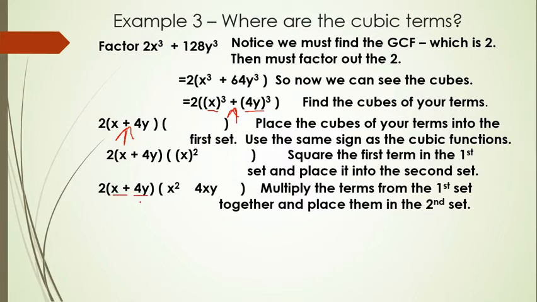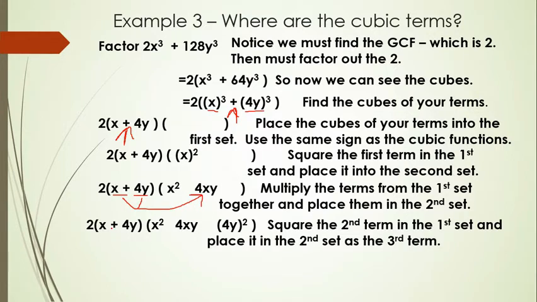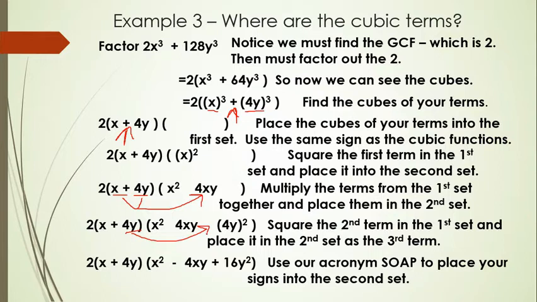So you have x times 4y, which gives you 4xy. And then last, we take the 4y, square it, and it goes into the second set as the third term. Then last, we use the acronym SOAP. That was the same. This is the opposite, and the last sign is always positive.